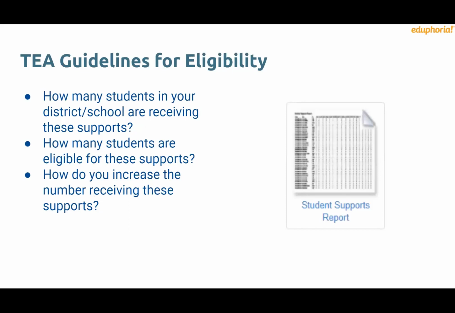This is one of the reports that I think is super powerful that a lot of people don't realize is there in Eduphoria. If you have campus-wide access, so for us it was our admin teams and our instructional coaches, you can run a report called the Student Supports Report. Say it ten times fast and I promise you'll stumble. This tells you what the kids are receiving in your school.